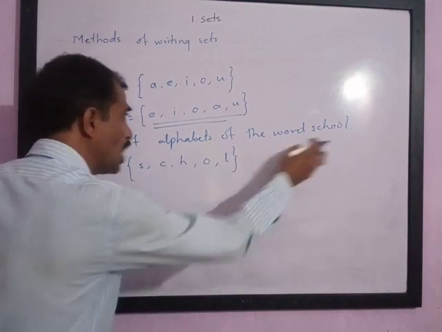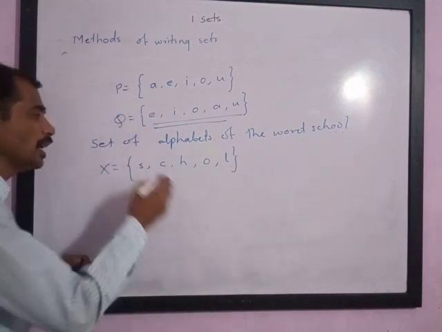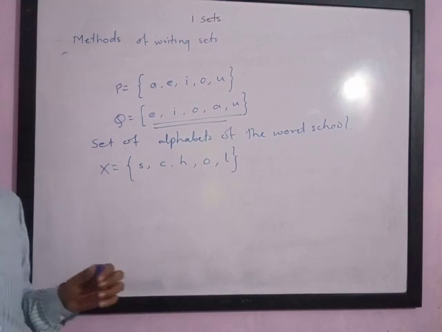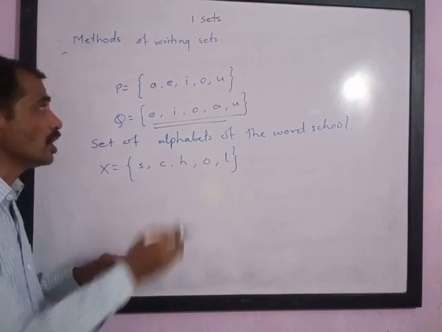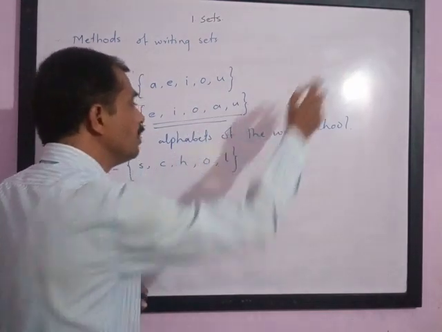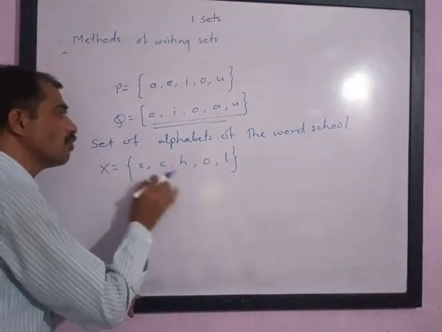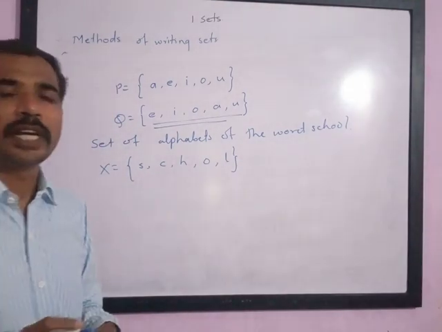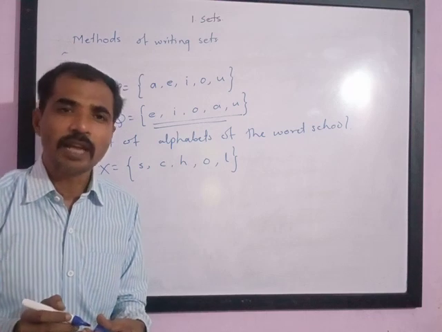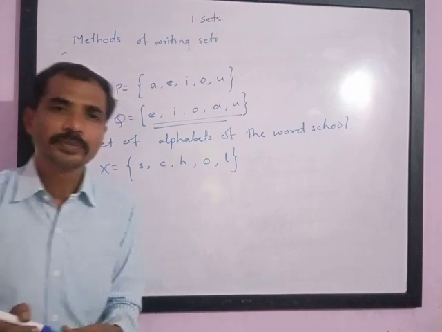Please note, there are two o's in the word, but elements of a set are never repeated. So these are two important rules. First, order is immaterial, and elements of the set are never repeated. They are never written twice. They are always written once only.